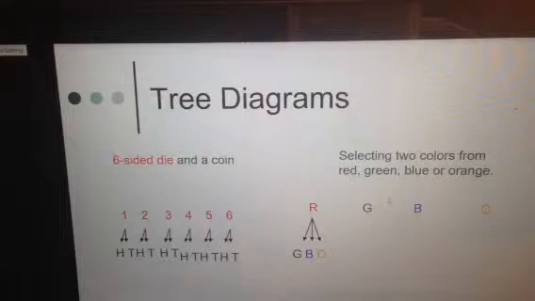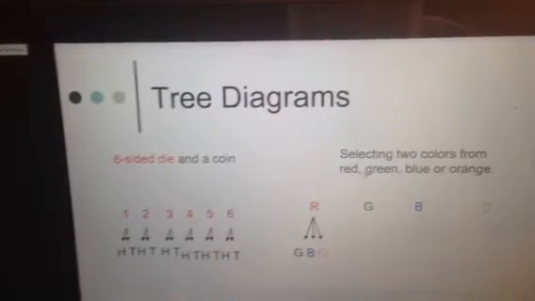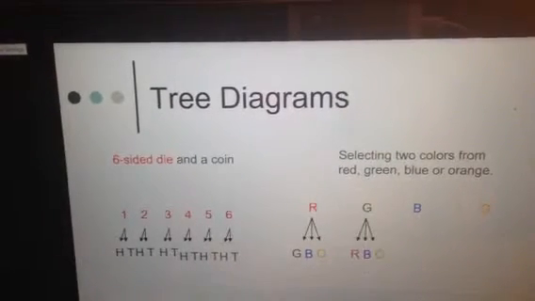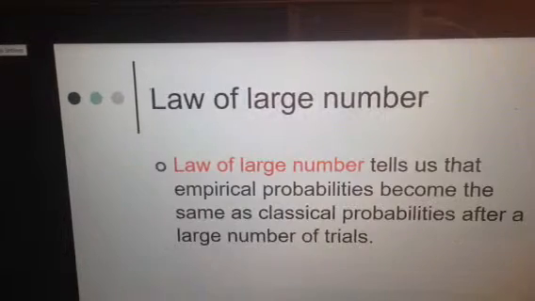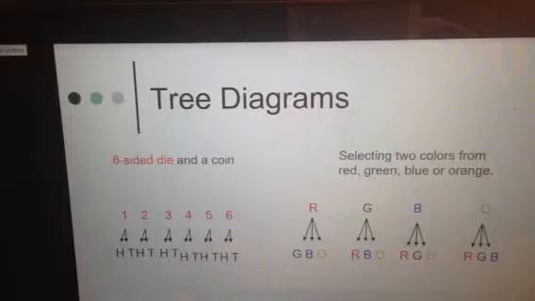Selecting 2 colors from red, green, blue, and orange, in the tree diagram, if you draw red, then you could get a green, and then a blue, or an orange. You could draw a green and a red, and then a green and a blue, and then a green and an orange, and so on and so forth.